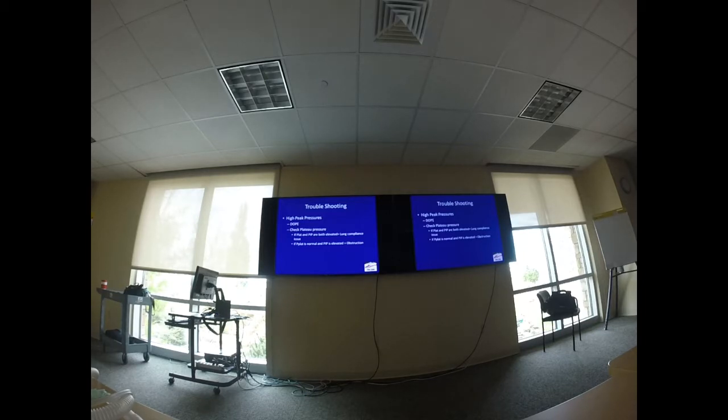So I might take him off the ventilator and try to bag valve ventilate him and see if he's easy to ventilate at that point. I would be willing to bet it's probably not that, but it could be. I would check my plat pressure too, and if my P-plat and my PIP are both elevated, it's probably a lung compliance issue.